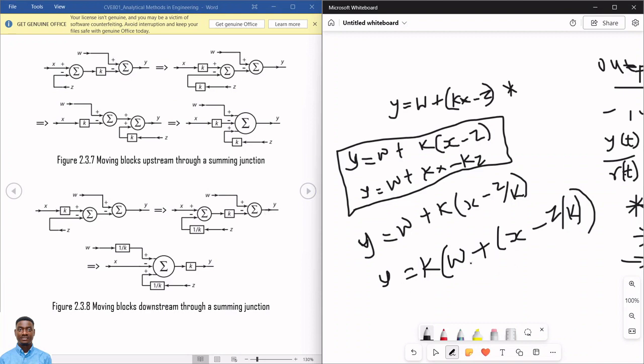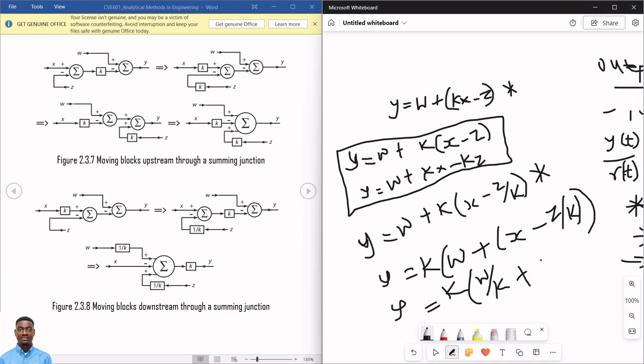So if I look at this, it's not the same as this, because if I open this bracket, that will be kw plus kx minus z. It's not the same as this, because the w here didn't have k as a product. So what will happen is that on the line of w, I need to put 1 over k there.